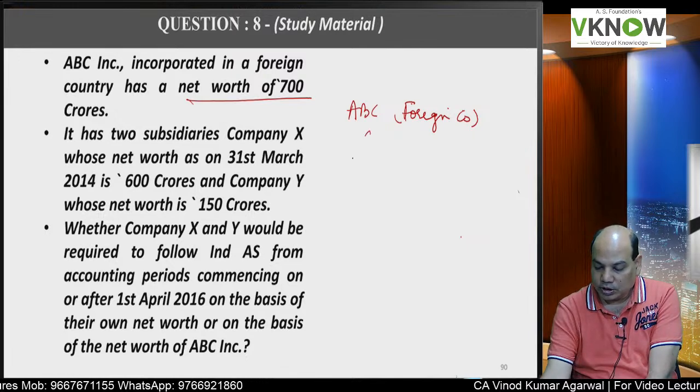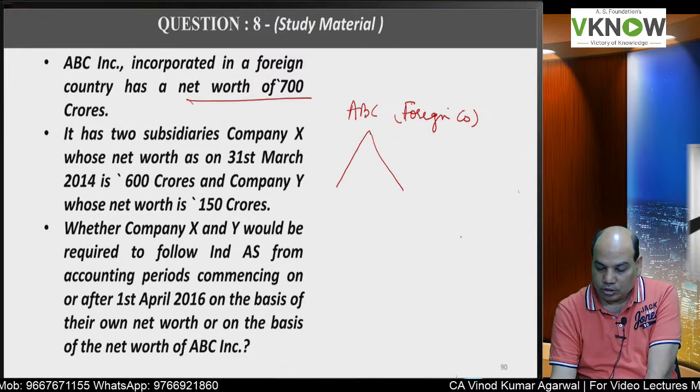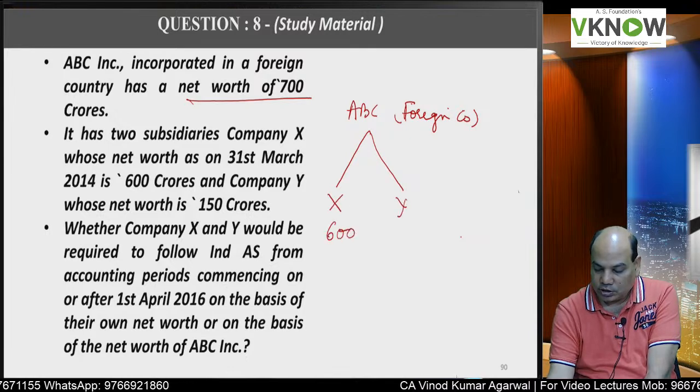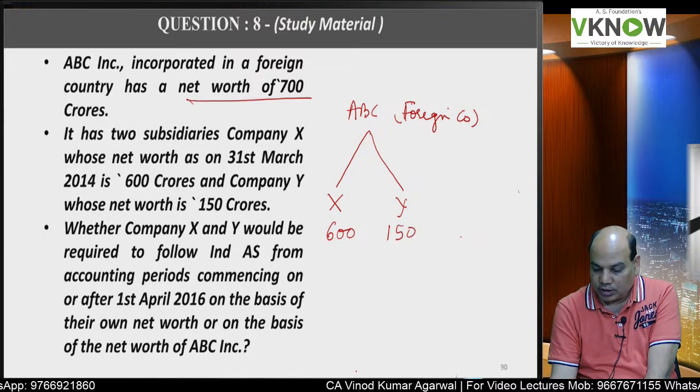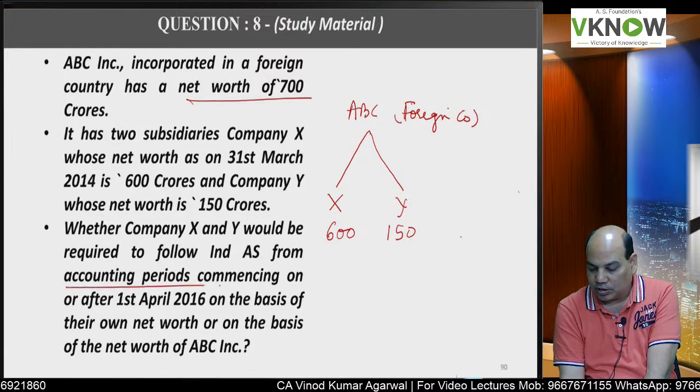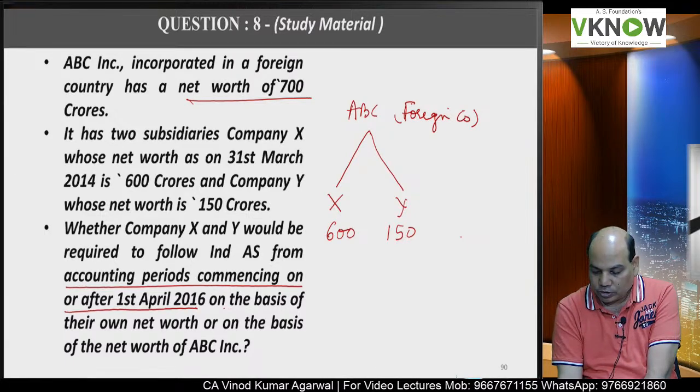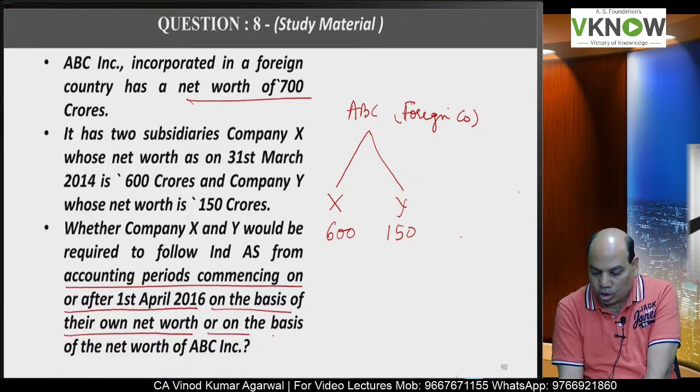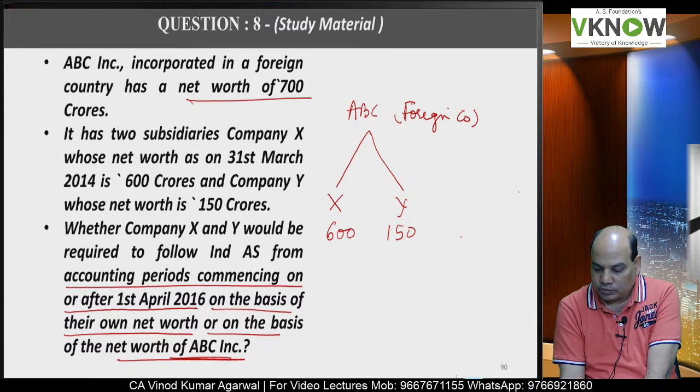It has 2 subsidiaries, X and Y. Net worth is 600 crore and 150 crore. Whether companies X and Y should be required to follow Ind AS from the accounting period commencing on or after 1st April 2016 on the basis of their own net worth or on the basis of the net worth of ABC.